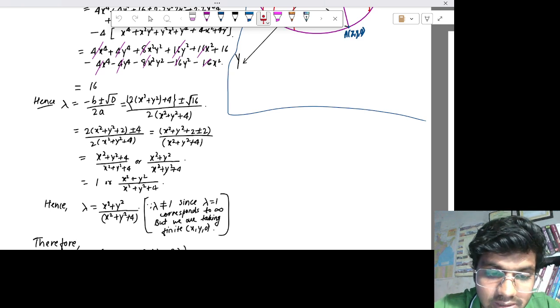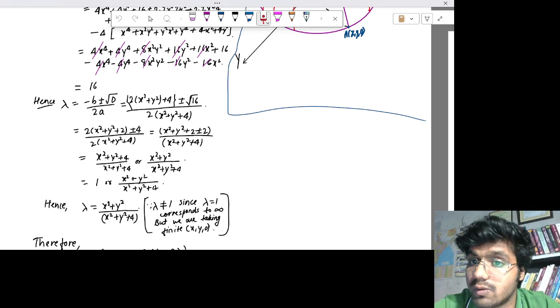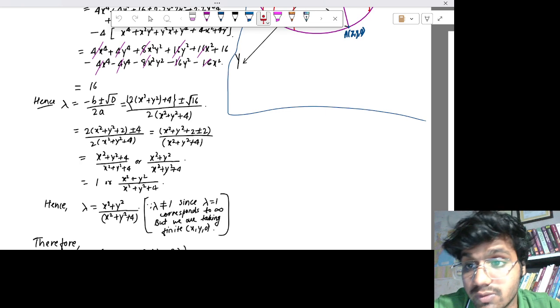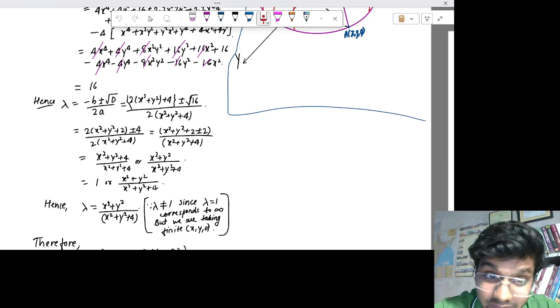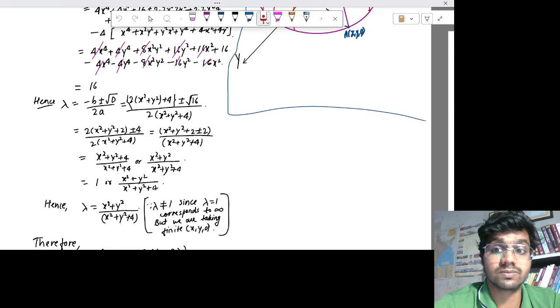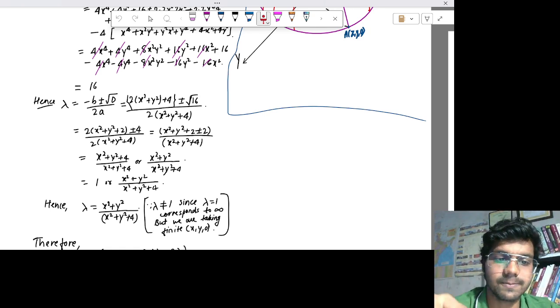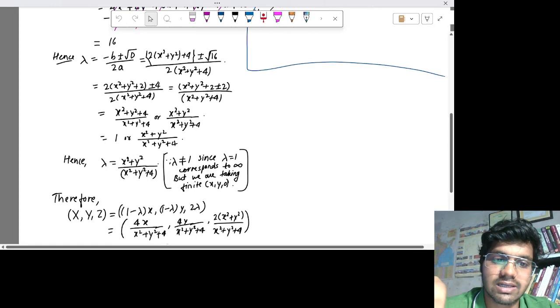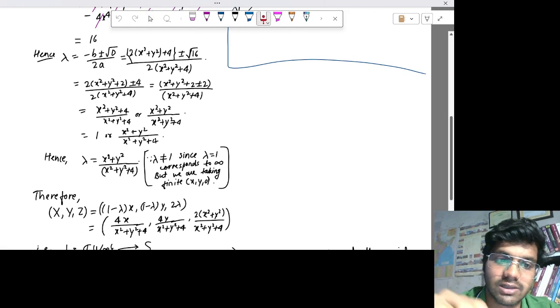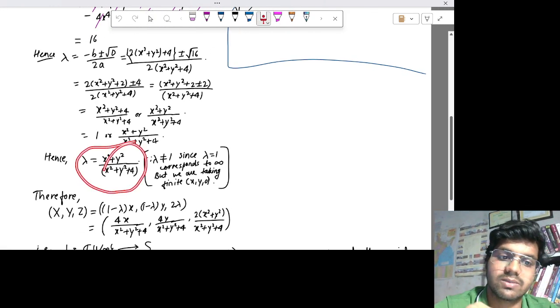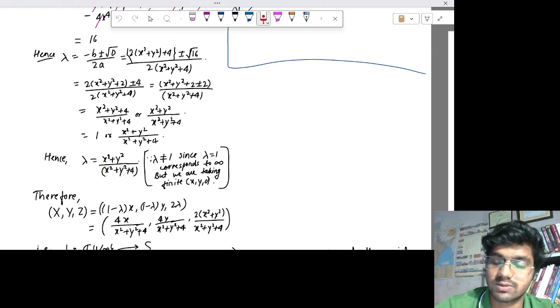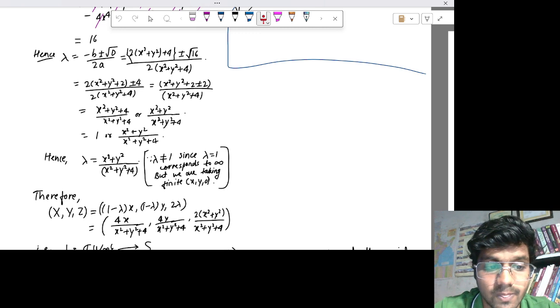But lambda cannot be 1 because it corresponds to the point at infinity, and we are taking x, y, 0 as a finite point on the complex plane. So lambda equals x square plus y square over x square plus y square plus 4.